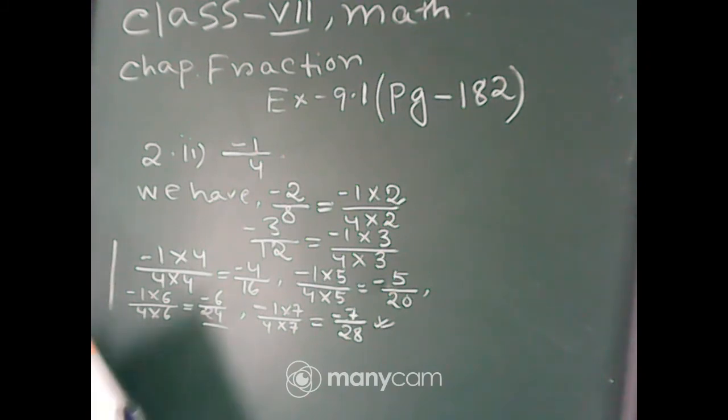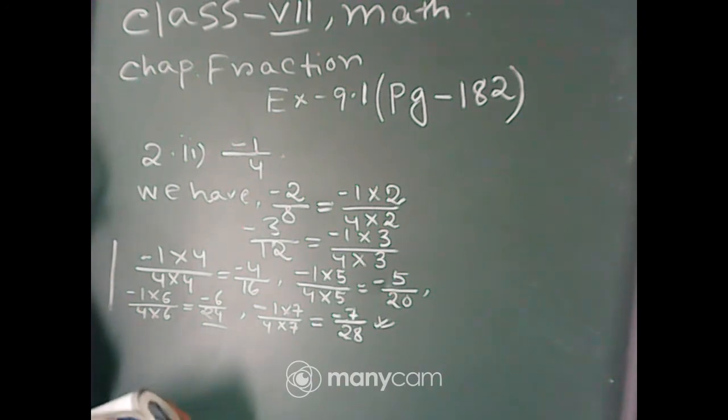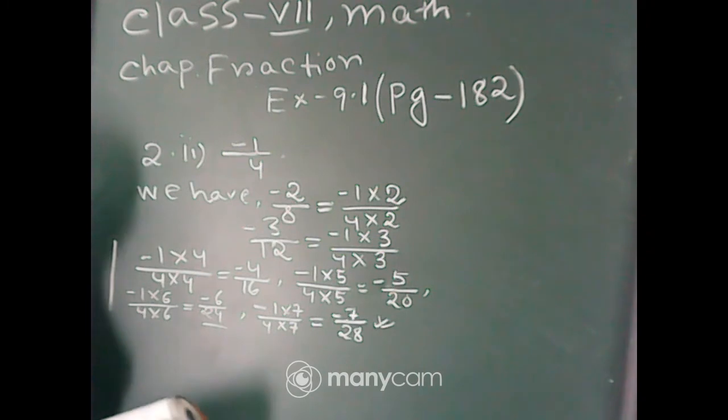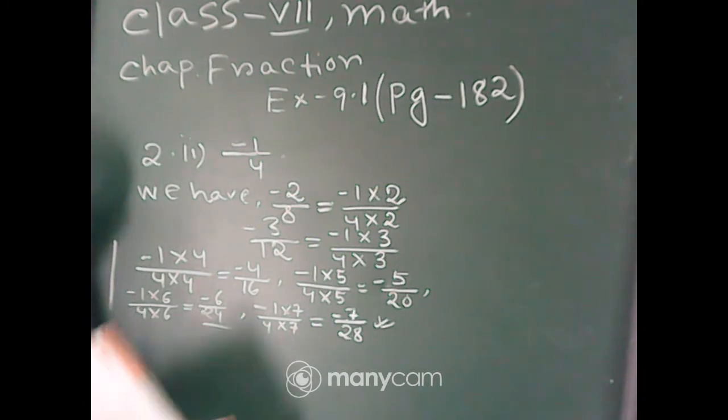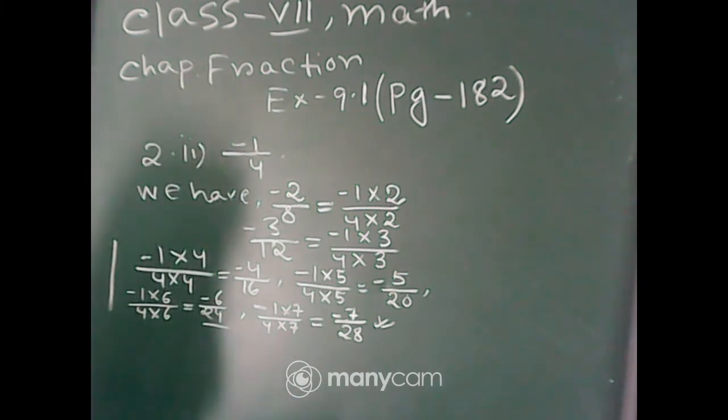Next, question number 3. Give 4 rational numbers equivalent to 5 divided by minus 3.